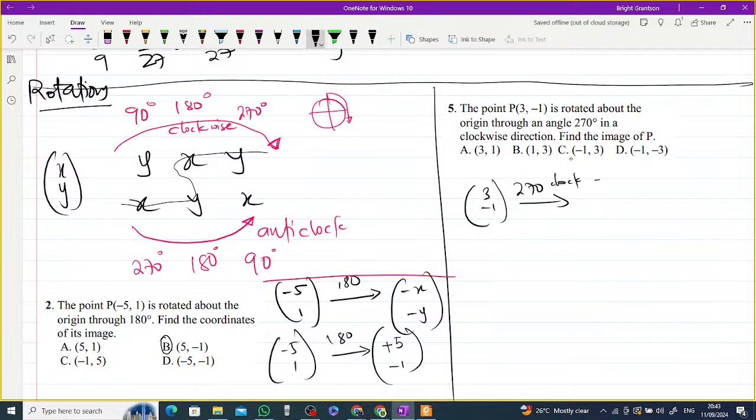So whenever you are doing rotations and they give you clockwise, you just write this formula. Can you remember how we wrote the formula? You start from y.